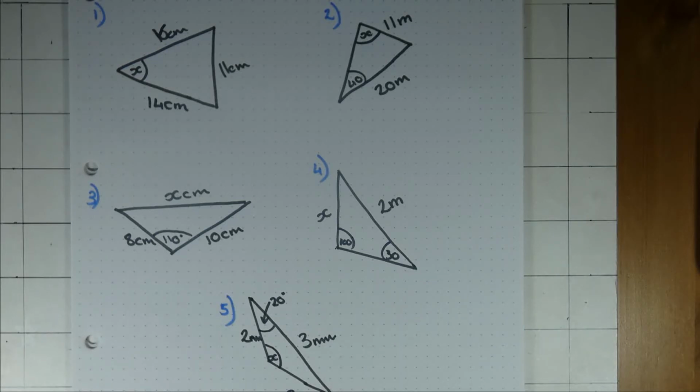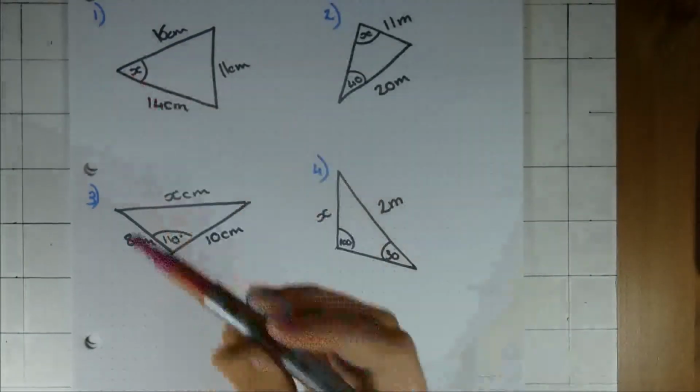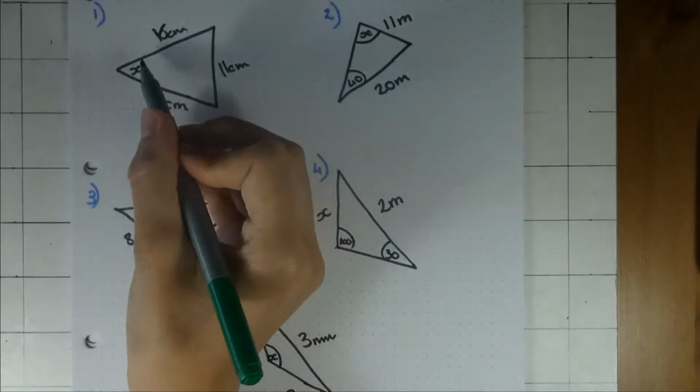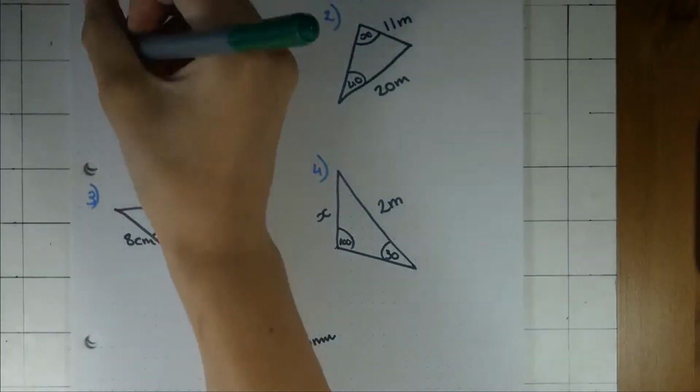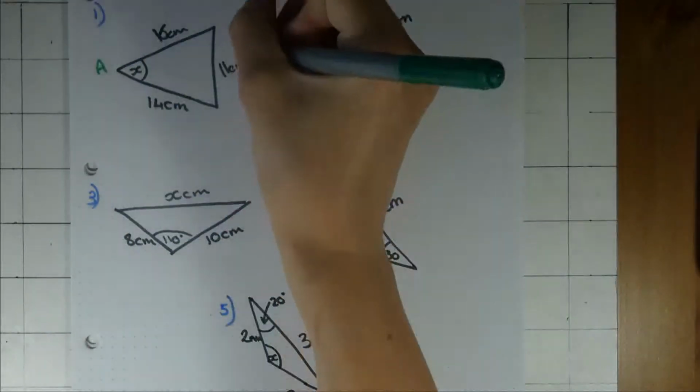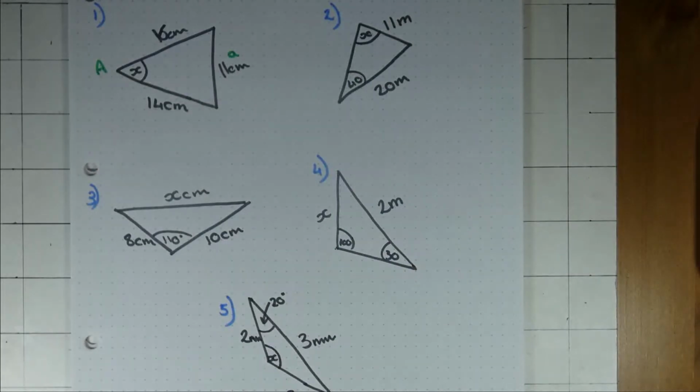We need to first label our sides. We don't know what we are doing, but we do know we are looking for angle X. So, I said before, if we're looking for an angle, we label that A. Okay? And the other side will be little a.